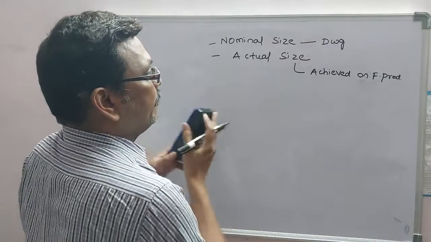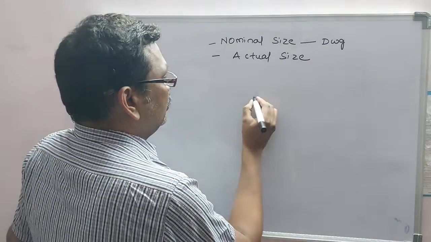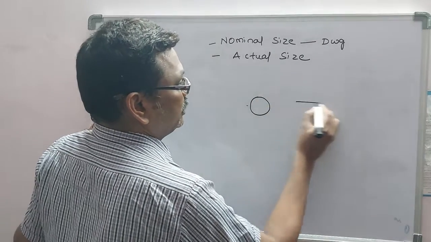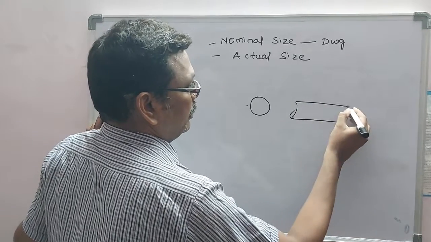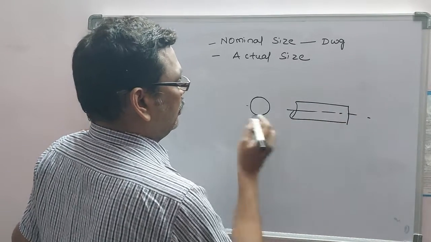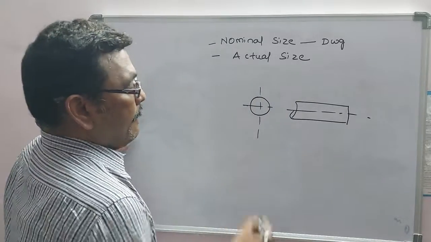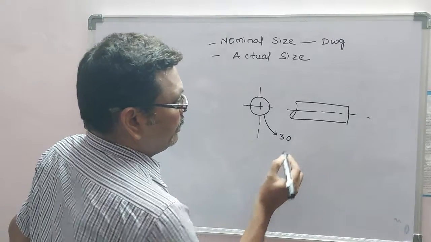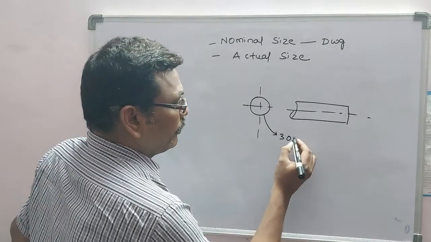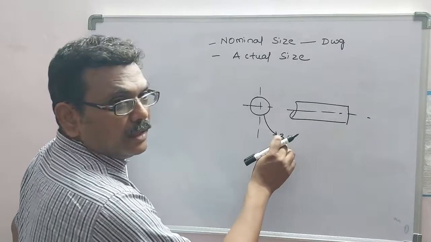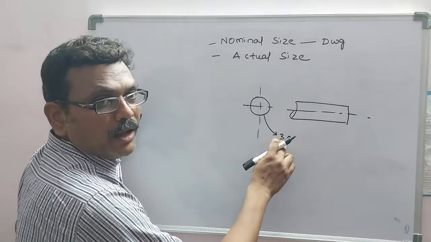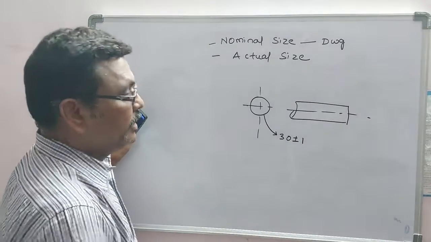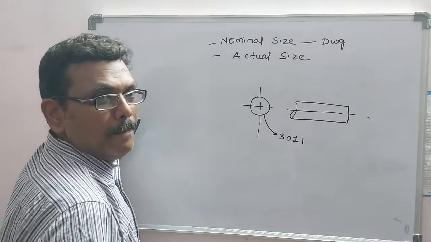Let me explain the difference. If I take a shaft with, for example, a diameter of 30, this 30 plus or minus 1 is shown on the drawing.